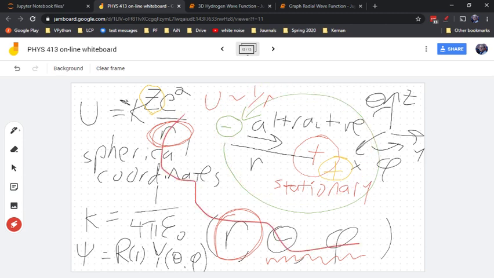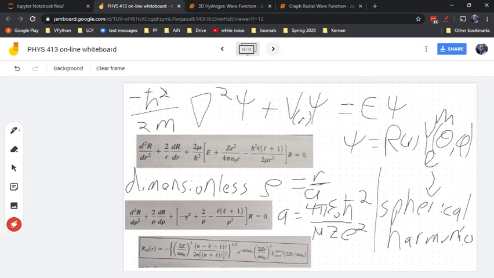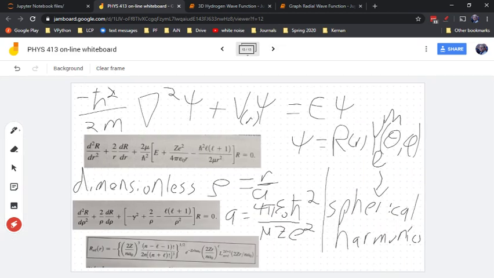You would get out these quantized energy levels where you can't be everywhere. You can only be at this level or this level or this level. Well, the radius of that first level would be this combination, the Bohr radius. Bohr, it turns out, with this model, got the correct energy levels, but he got the wrong wave function. So the Bohr radius is a celebration of doing things well enough for passing.